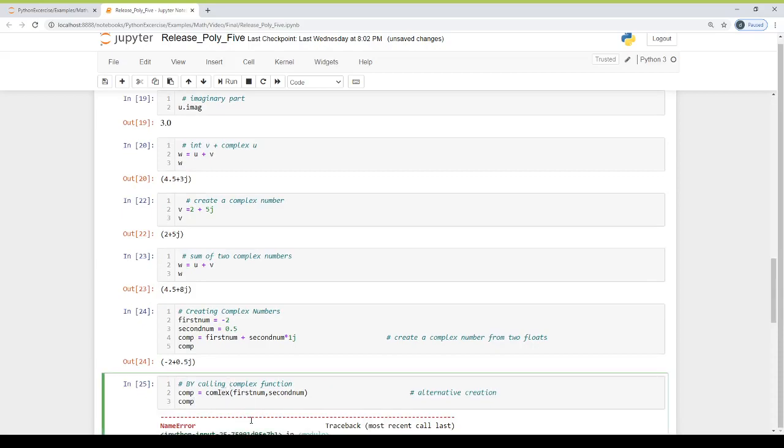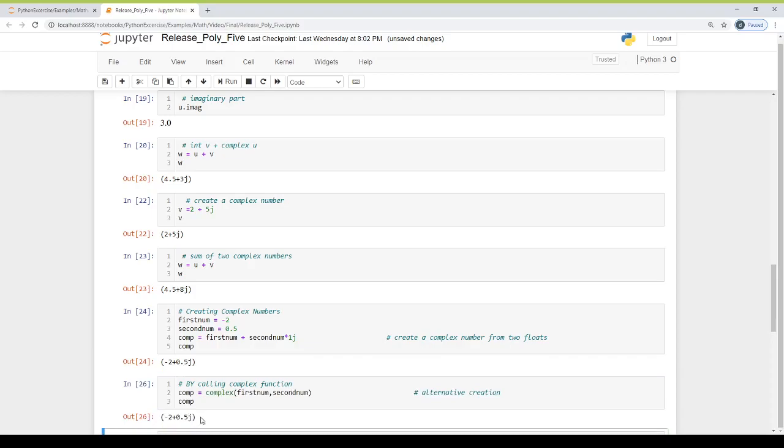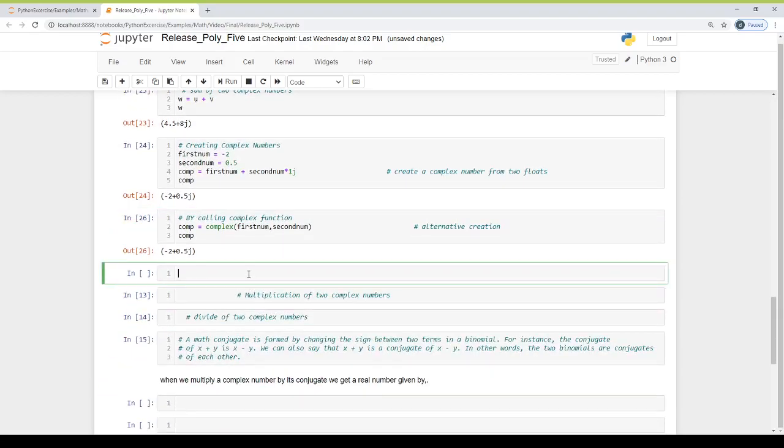Now we get minus 2 plus 0.5j. So this is the first method, this is the second method. You can write a complex number directly, or you can create it by calling the complex method.